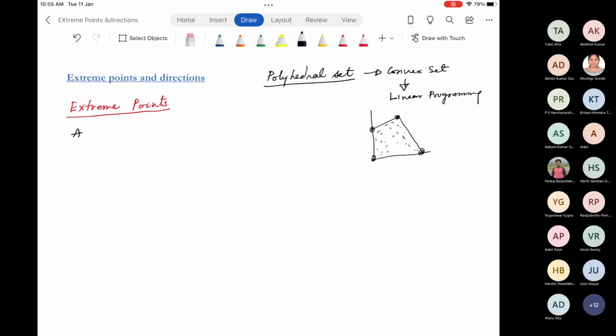A point x in a convex set. I'm talking about a general convex set, but it is related to polyhedral sets, and I will give some examples.